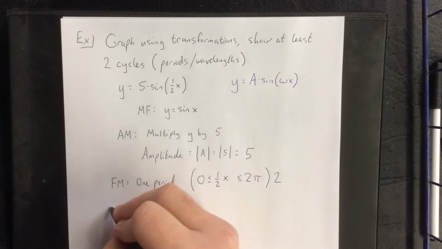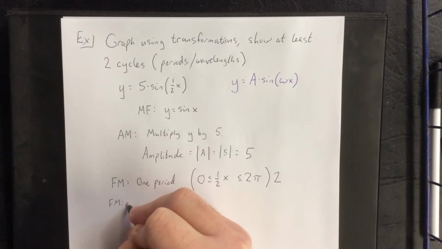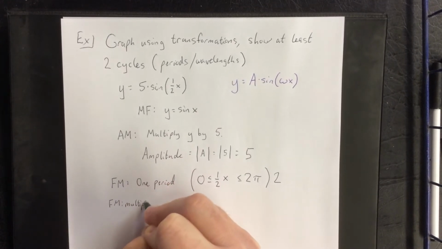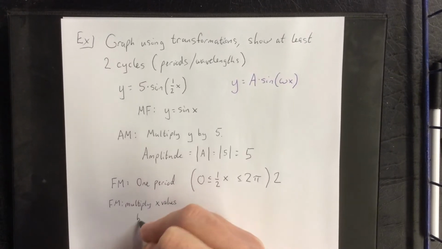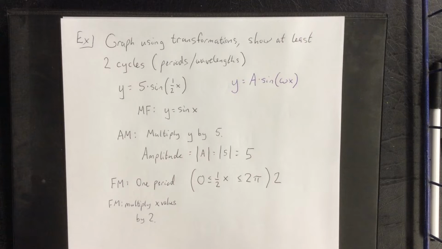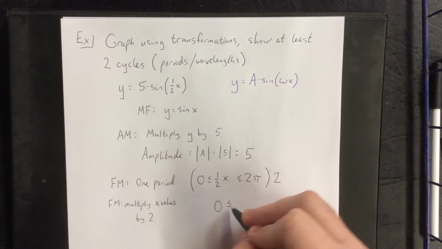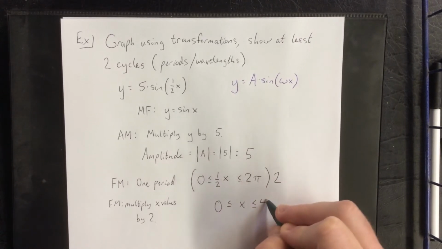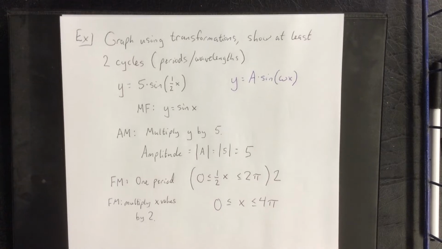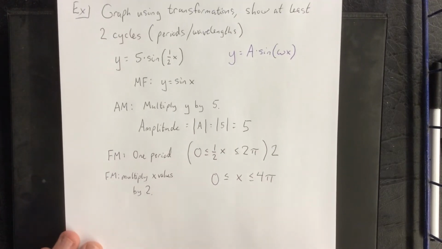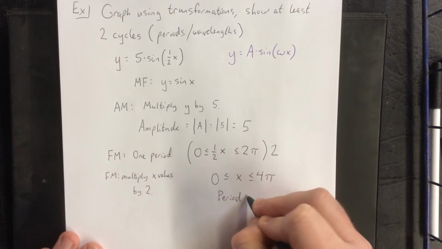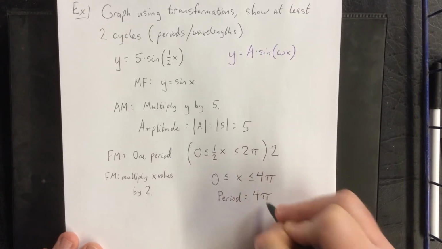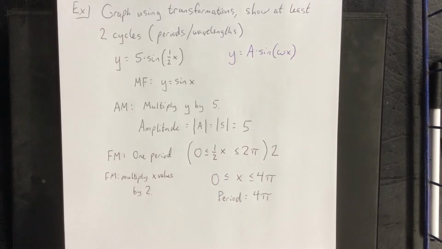So the frequency modulation is going to be multiply all of your x values by 2. That also lets us know that the period is going to start at 0 and it is going to end at 4 pi. So with that in mind, you can use that to express what one period is equal to.